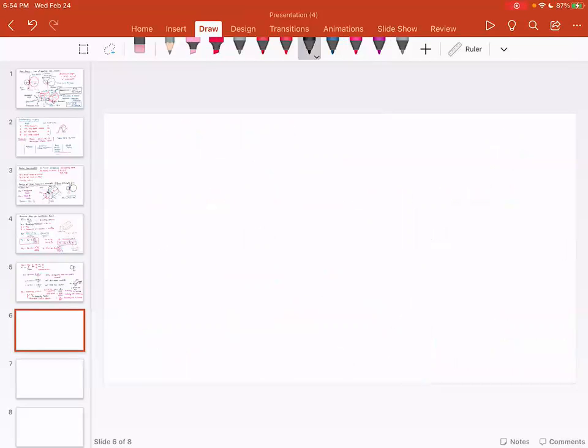So, sigma O. How do we find out the value of sigma O? Sigma O is given as allowable static stress. And allowable static stress is nothing but the yield stress in the case of ductile materials and the ultimate stress in the case of brittle materials.